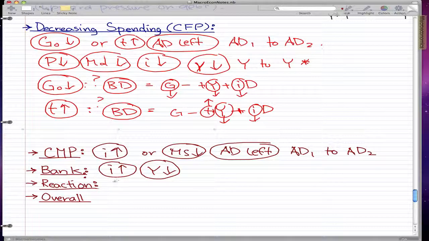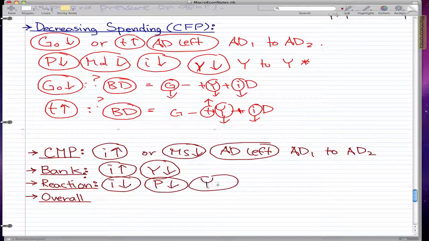The reaction of the public is the opposite. The reaction is we decrease interest, the price will then decrease, and the output income will go up. The overall effect parallels the bank's goals, that interest increases and Y decreases.